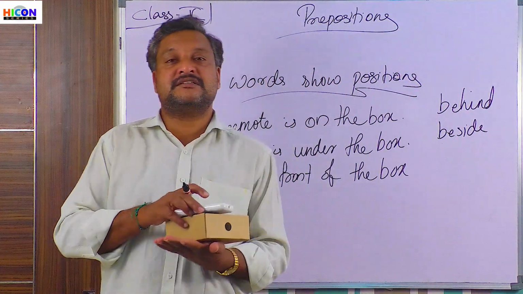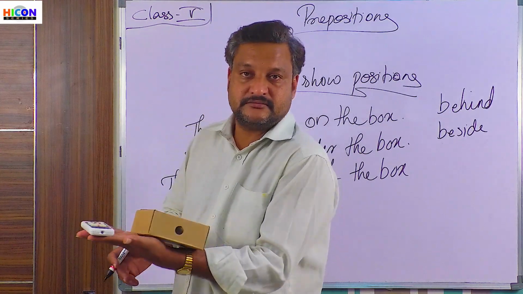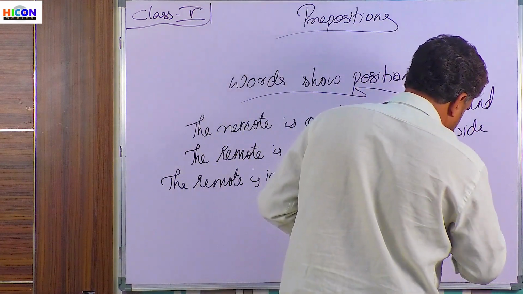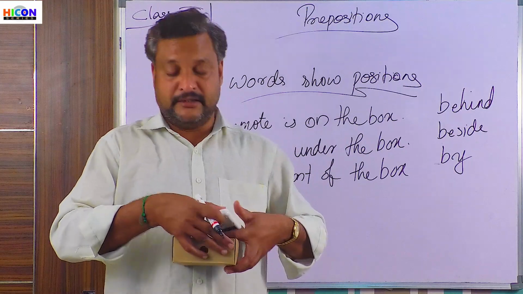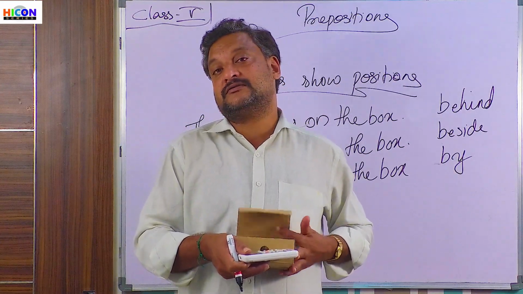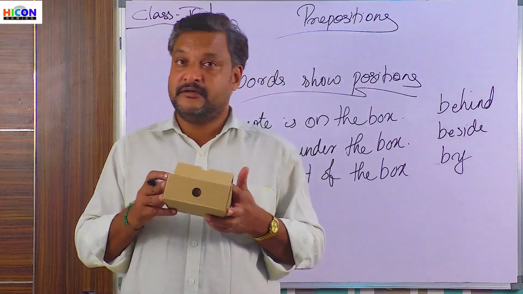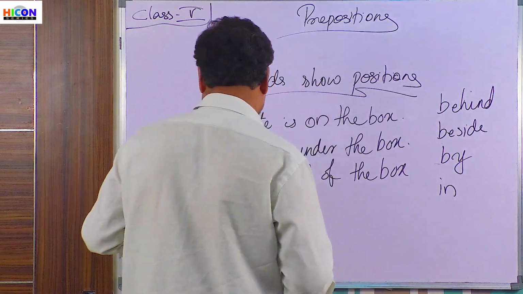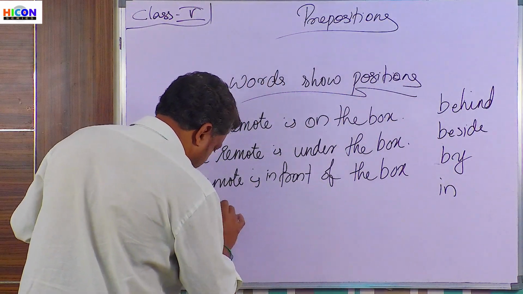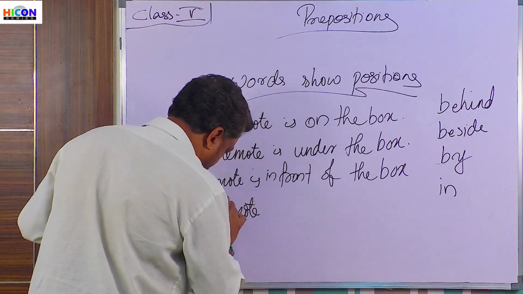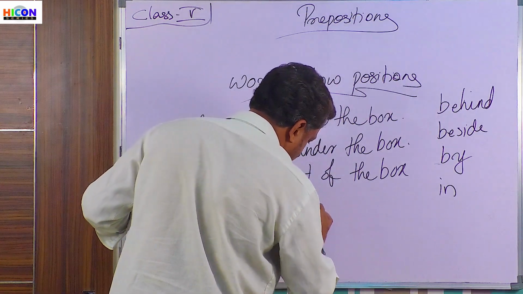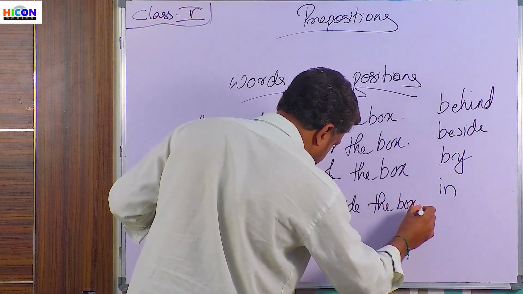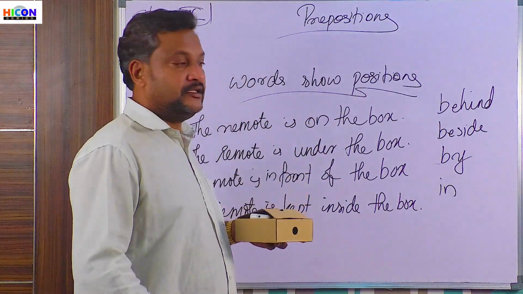The box is here and the remote also is there. Now what do we say? We can say it is by the box. And if I open the box and keep it here, then what do we say? The remote is in the box, or we can say the remote is kept inside the box.